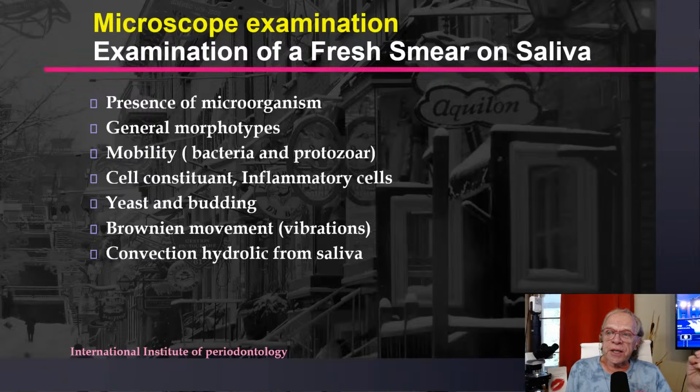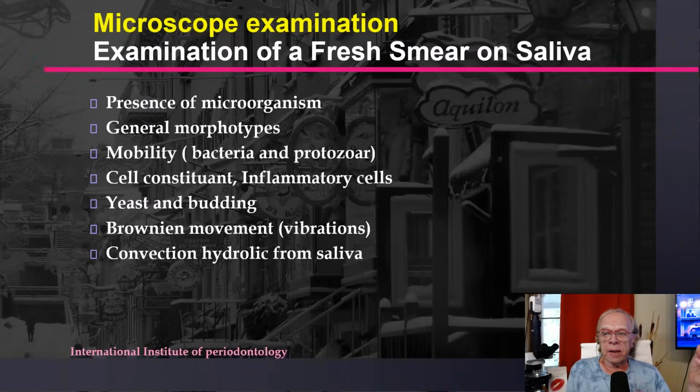So we understand the presence of microorganism. We understand general morphotypes. Some say it's only morphotypes, but morphotype is as eloquent as a name of bacteria. If you have 200 bacteria or 800 bad bacteria, it's not a problem. We want to look at general morphotypes.